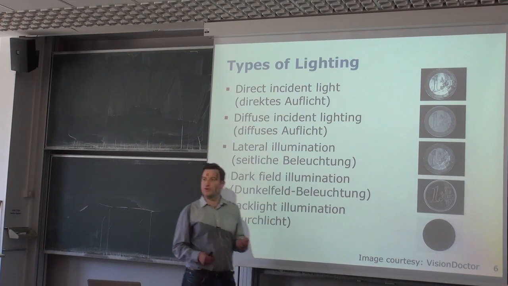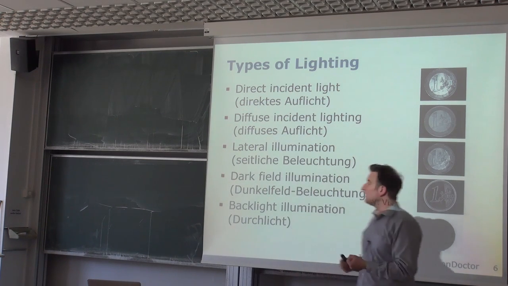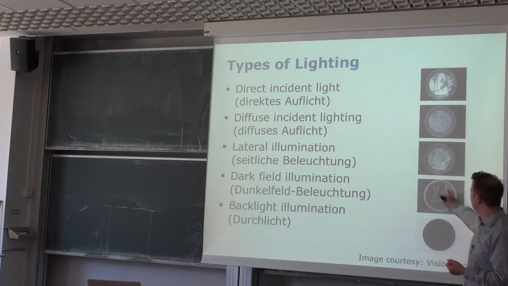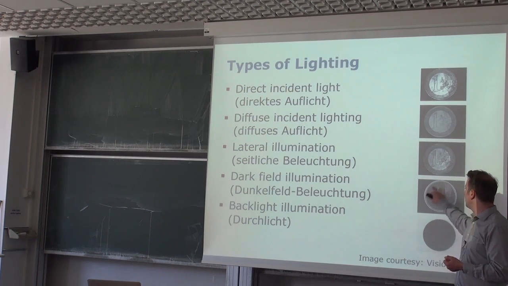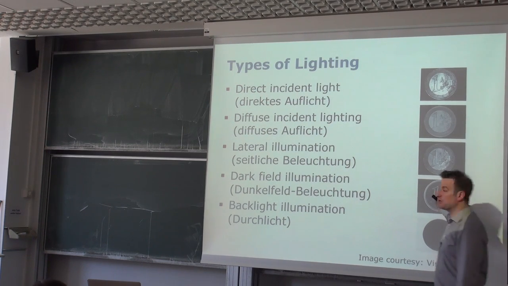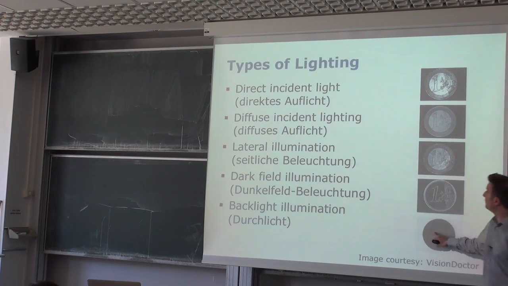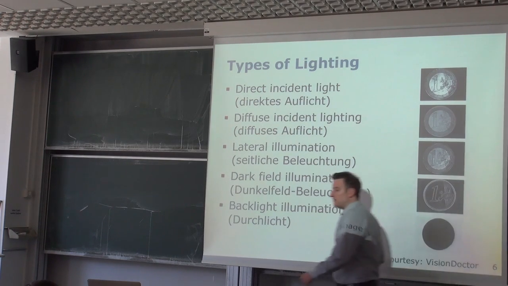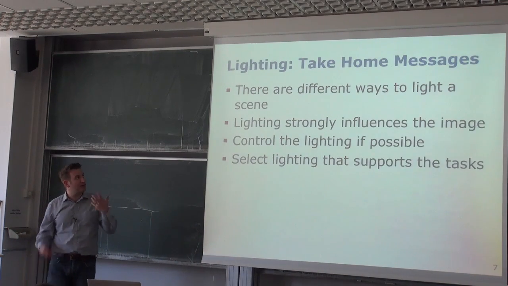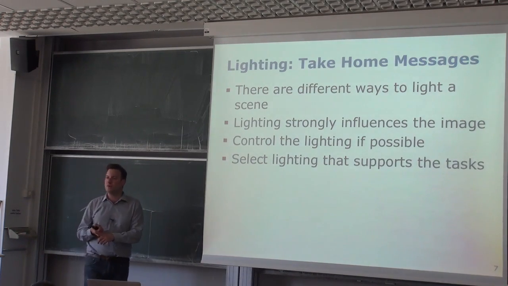And depending on what we want to do, so if you, for example, want to analyze which kind of coin that actually is, I think it makes sense to look into this image, because classifying which kind of coin it is is much easier in this image compared to this image for sure, but even compared to the other images. So the take-home message is, I want to illustrate here that lighting is important.